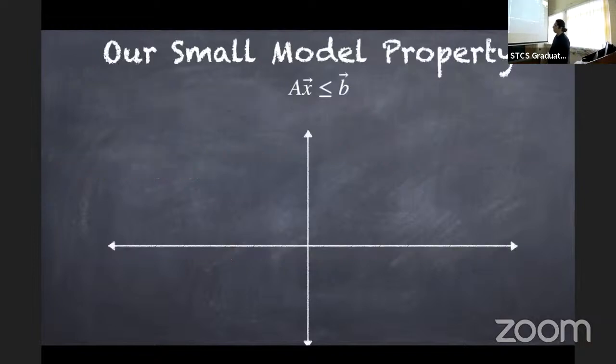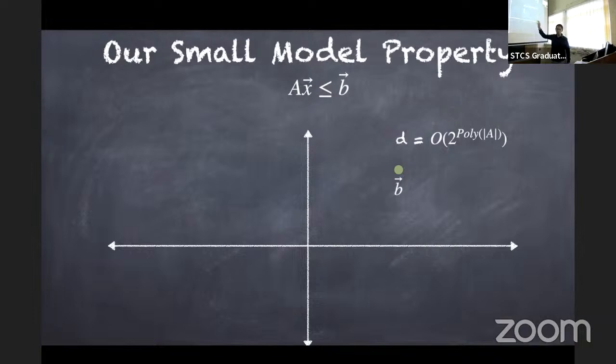So what our small model property says: if you have a b here, then there exists a constant d, which is exponential in the size of just a. So it is independent of b.